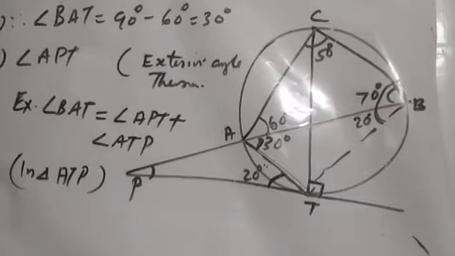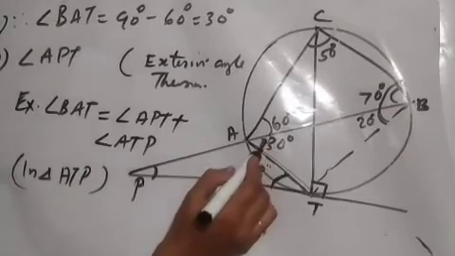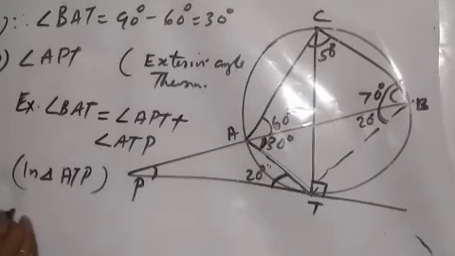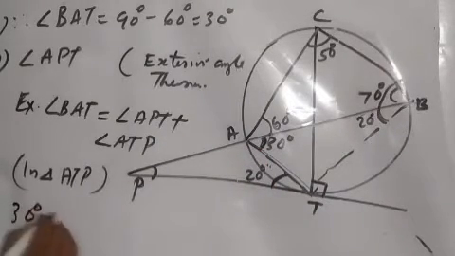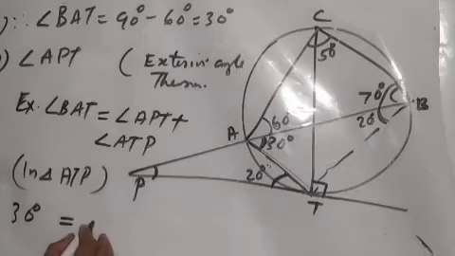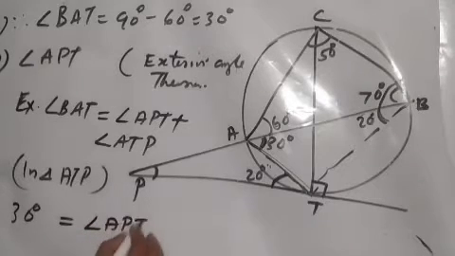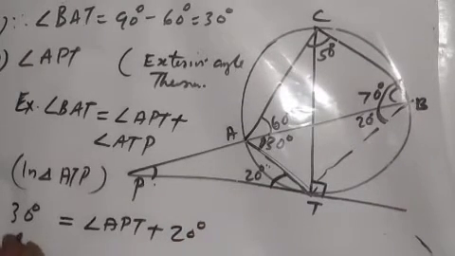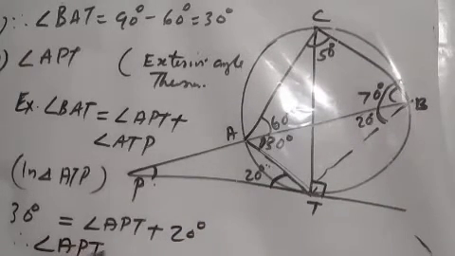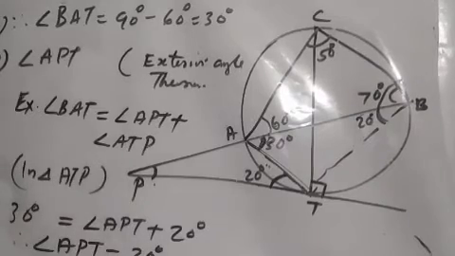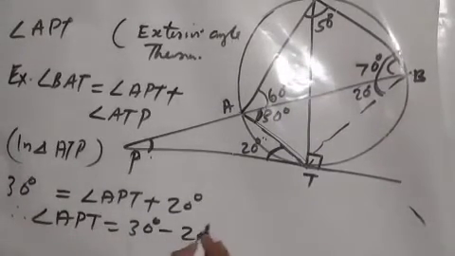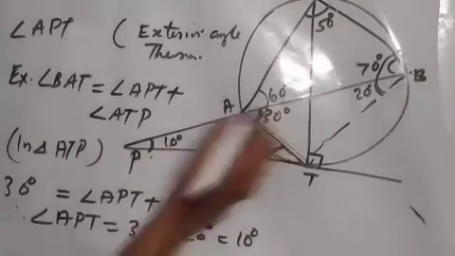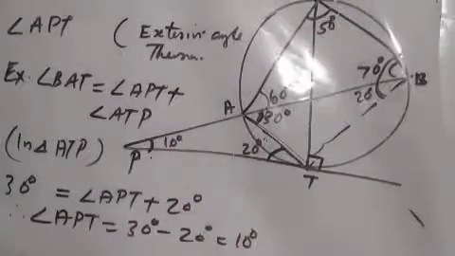In triangle ATP, exterior angle is this one. Exterior angle is equal to sum of the interior opposite angles. That is 30 degree equal to APT, we don't know, plus ATP is 20 degree. Therefore, angle APT is 30 degree minus 20 degree. It's 10 degree. 10 plus 20 gives 30. Understood this?